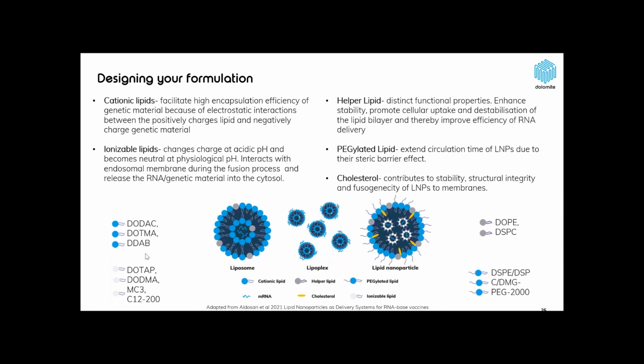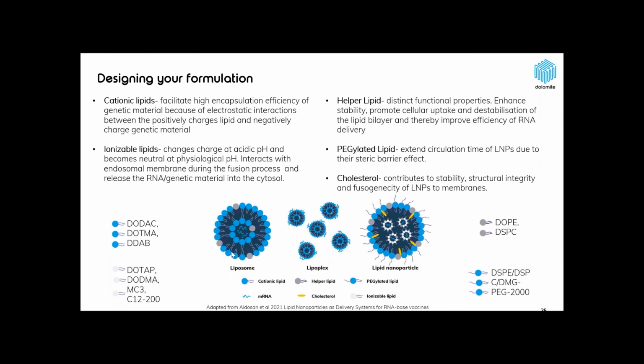So we've just listed a few of the most commonly known cationic lipids, ionizable lipids, helper lipids, and pegylated lipids. And depending on how you use this formulation, you may be forming any of these particles.